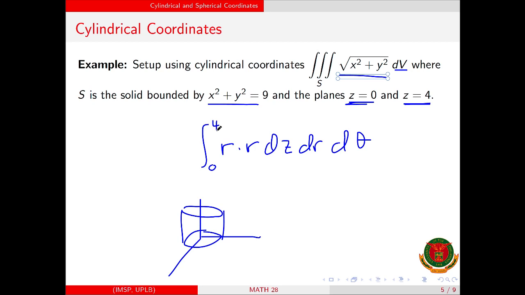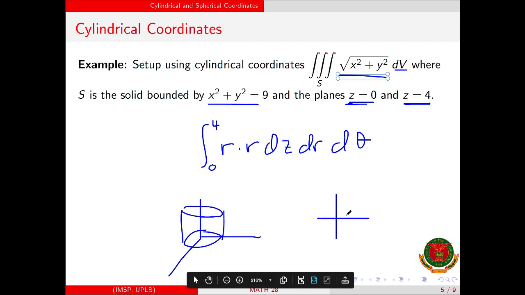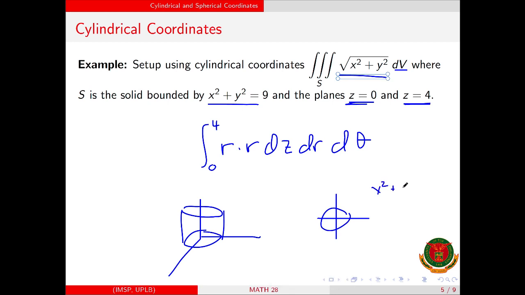Now let us determine the bounds for r and theta. From this three-dimensional space, take note that if we project this graph on the xy plane, we will just be having a circle given by x squared plus y squared equals 9.